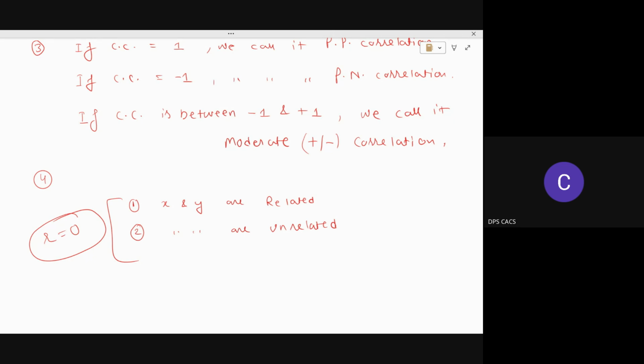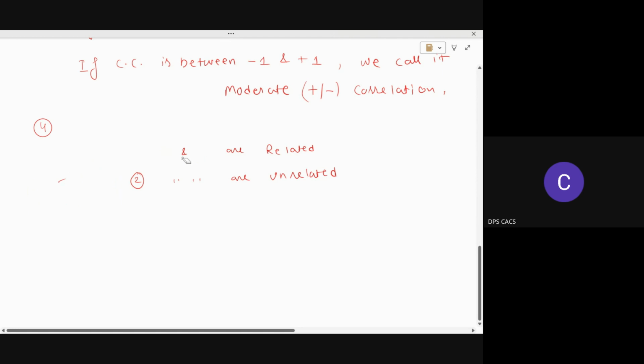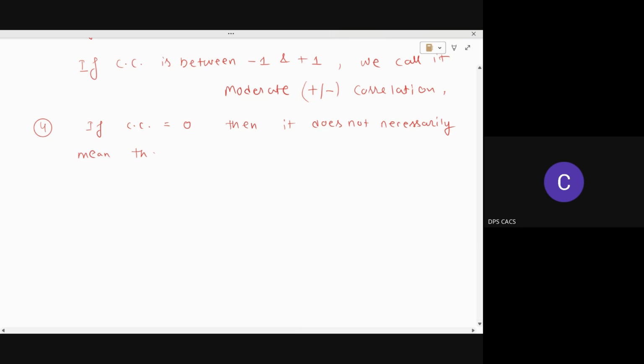Have you understood this? Now please write down it properly in point number 4. If correlation coefficient is equal to 0, then it does not necessarily mean that variables are unrelated.